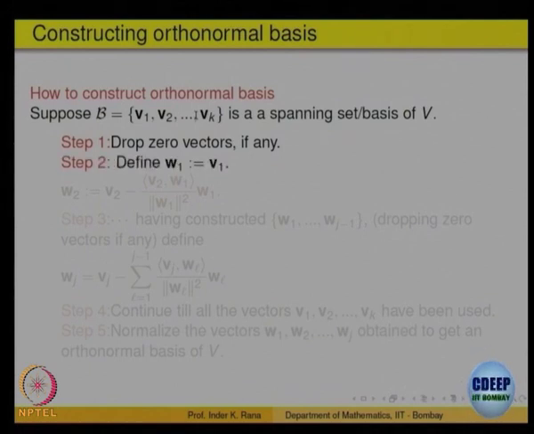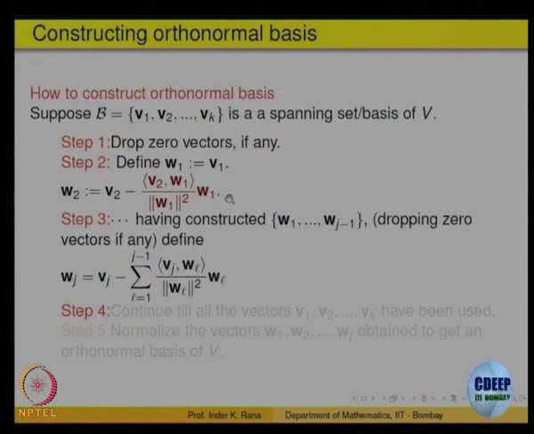Next we define inductively W1 to be V1, and W2 to be V2 minus the projection of V2 on W1. That projection is removed so that the difference is orthogonal to W1. At every stage we go on removing the projections onto the previous ones which are defined.